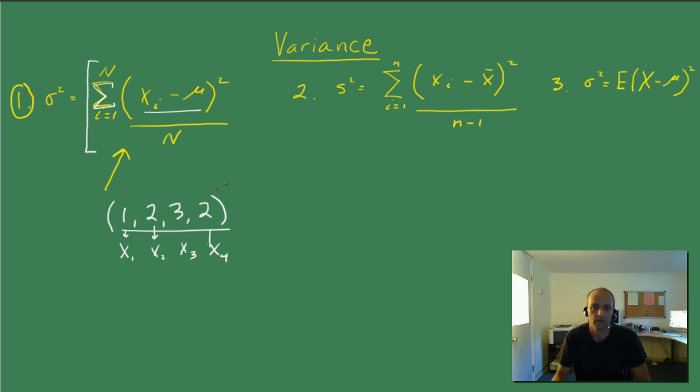Let's write out what this looks like. Since we have 4 numbers in our data, we're going to have 4 terms, 4 summands that we're going to be adding up. And so the skeletal piece would look like this: we have the 4 differences, each one squared.